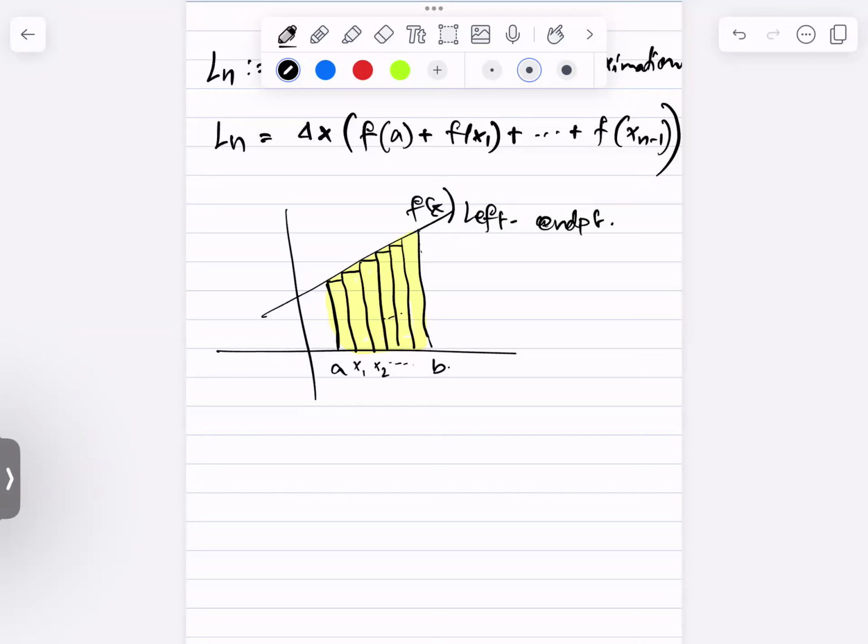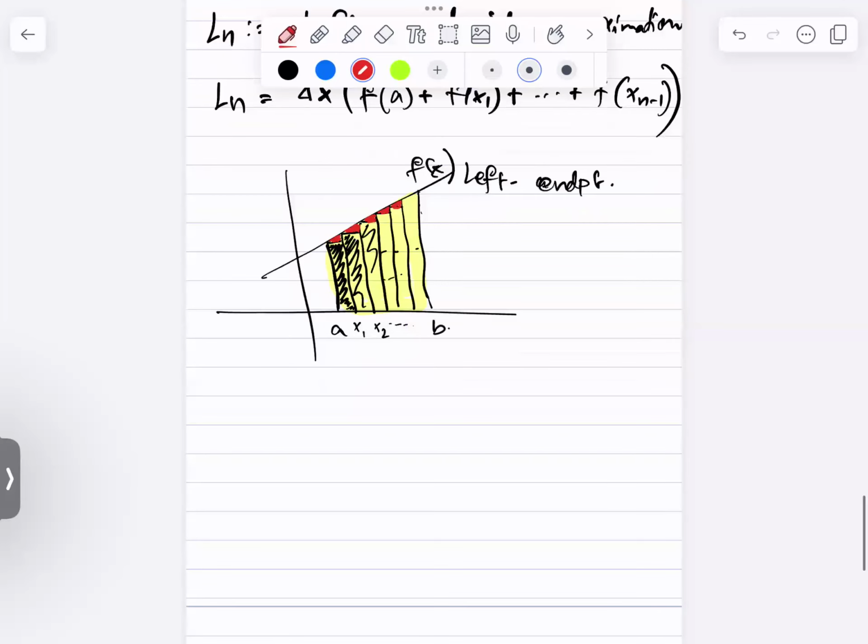If you add all of this, you will get this area. The area of this small rectangle plus the area of the next one, plus so on. Therefore, the errors should be this small triangle, this small triangle, this small triangle, and so on. Okay, I hope things are a little bit clearer.